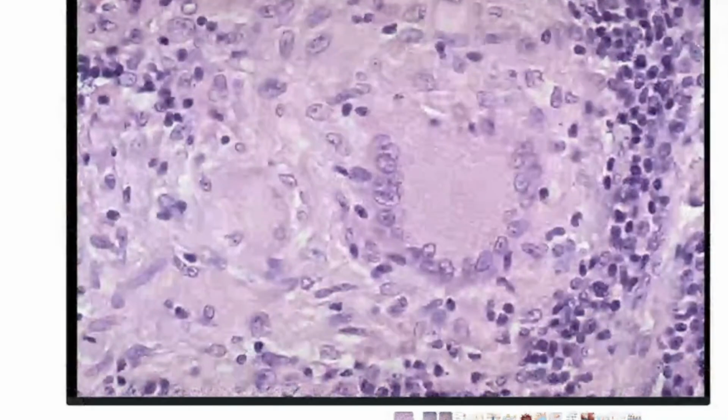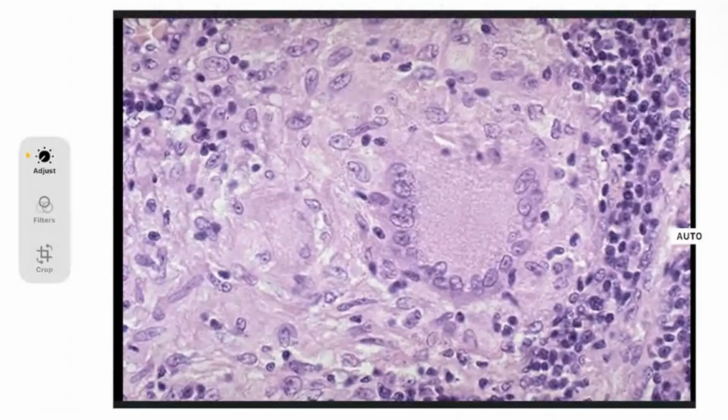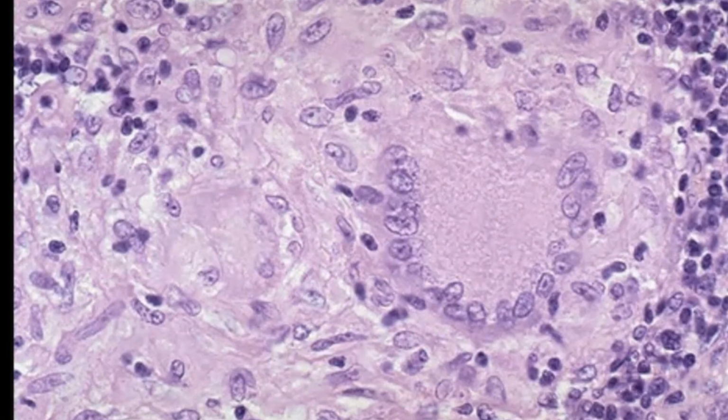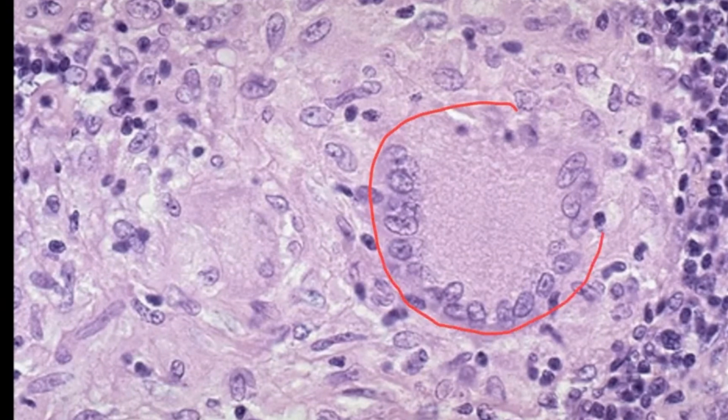This is a giant cell here. Okay. So if you look at this, this is your giant cell. Okay, you can see the multiple nuclei here. Once you see this, like a necklace around the neck, okay, they call this a horseshoe.